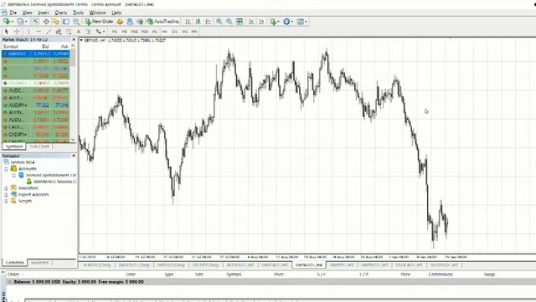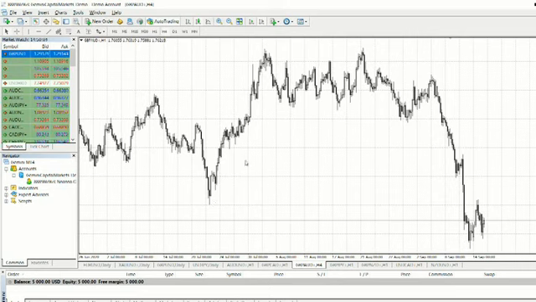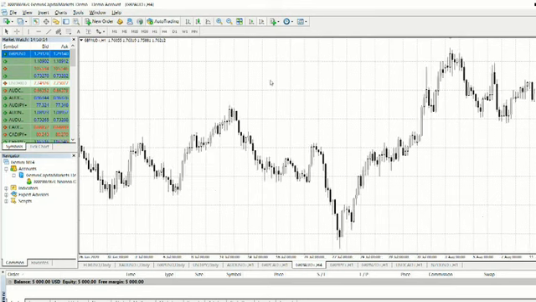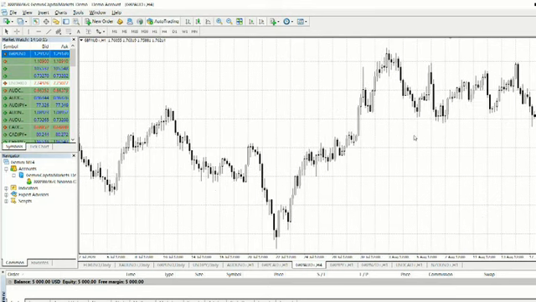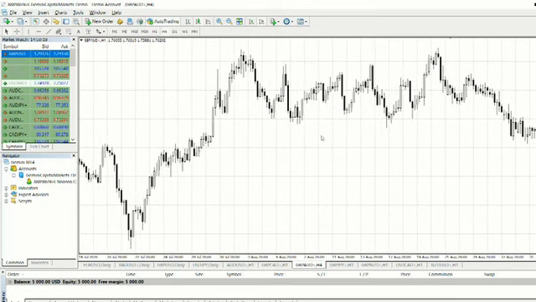Now, here is an example of a bullish engulfing bar. So you have the market trending higher, you see the market going up. And then what you're looking for is a candle that forms and covers the previous one, either completely from top to bottom or almost covers it.